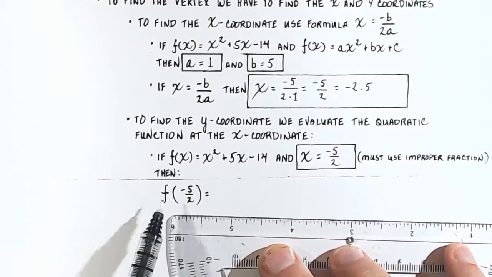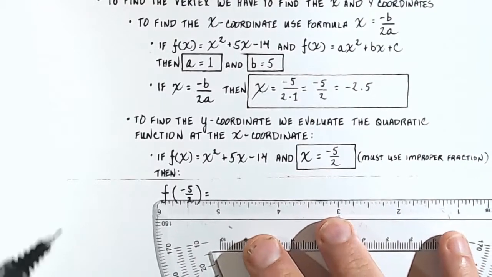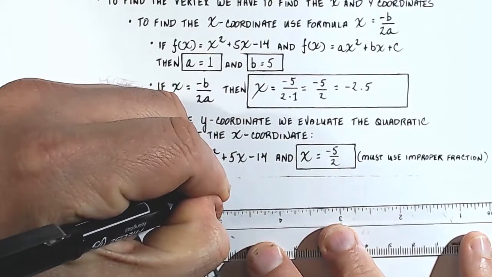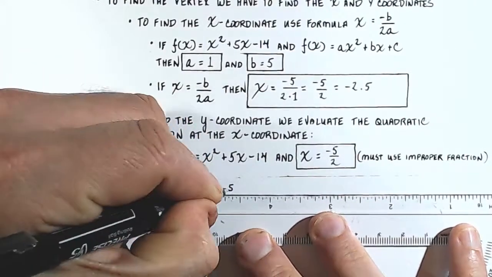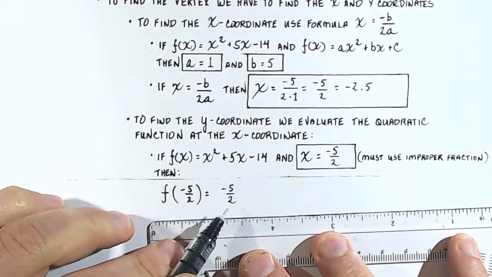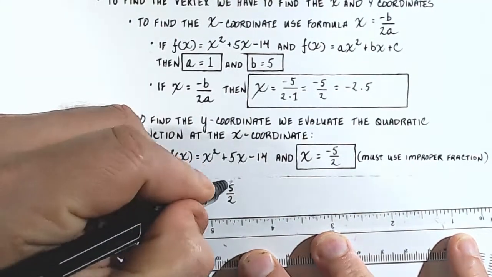So f of negative 5 over 2 equals, and then we'll put negative 5 over 2 here, and that value would be squared in our original function.